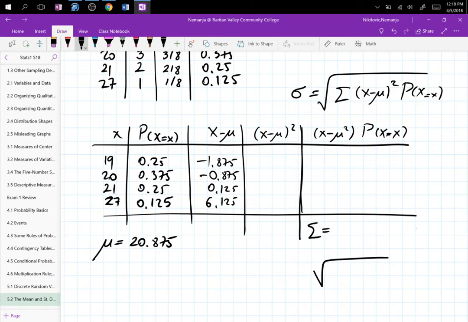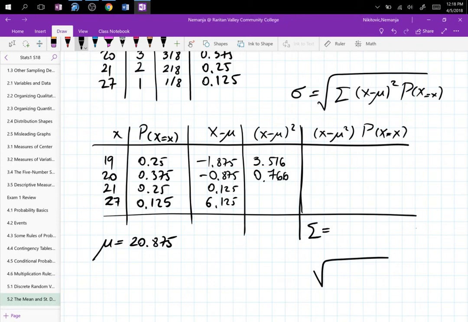Now we have to square each one of these numbers. So 1.875 squared, keeping at least 3 decimals, is 3.516. The next one is 0.875 squared, 0.766.